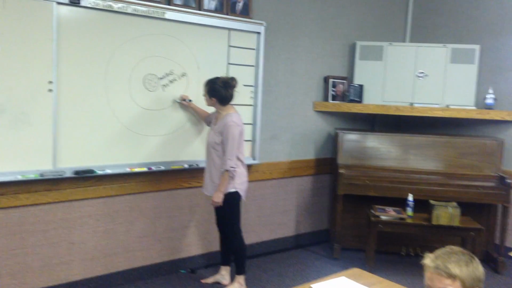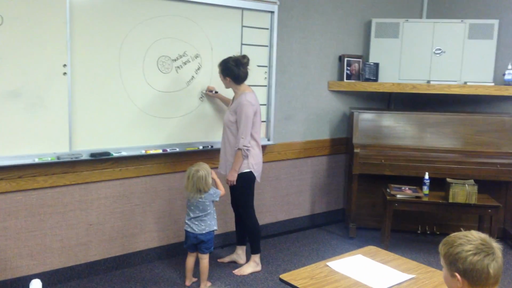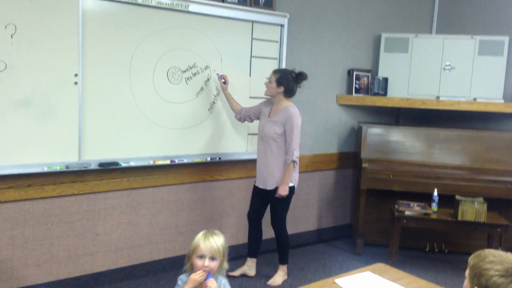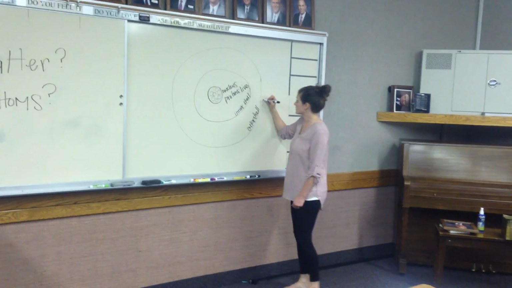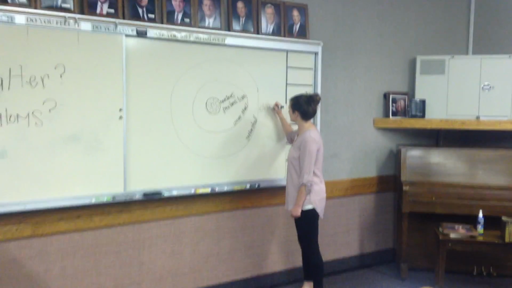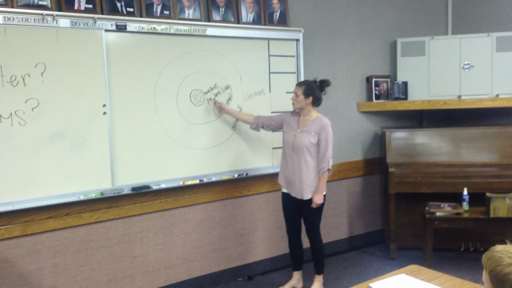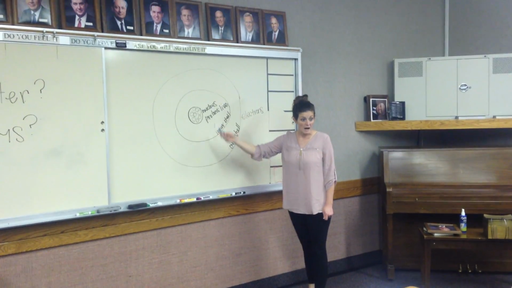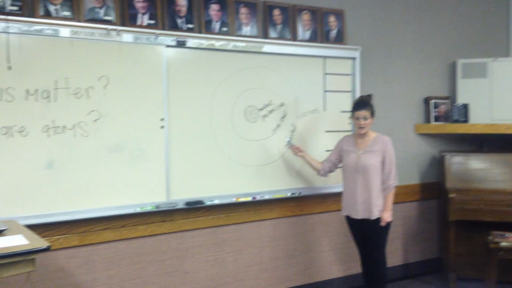So this is our inner shell, and this is our outer shell. And in the inner and outer shell live the electrons. So, the nucleus, the protons, and the electrons make up an atom. And they're important parts to it, okay?